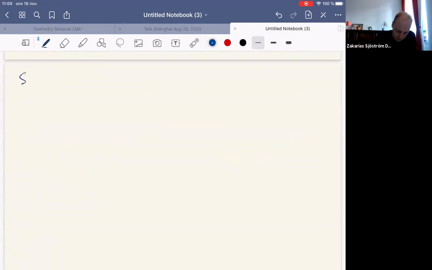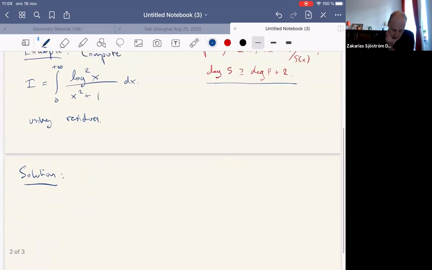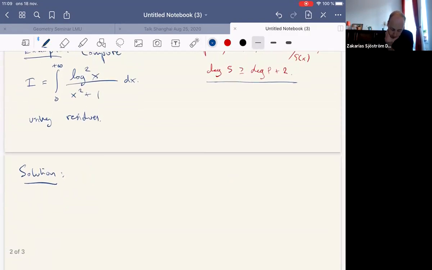So let's try to see how we can compute this integral. So what would be the first step? The integral is here. The first step is always to choose which complex valued function to integrate, and you also have to choose, of course, the contour.